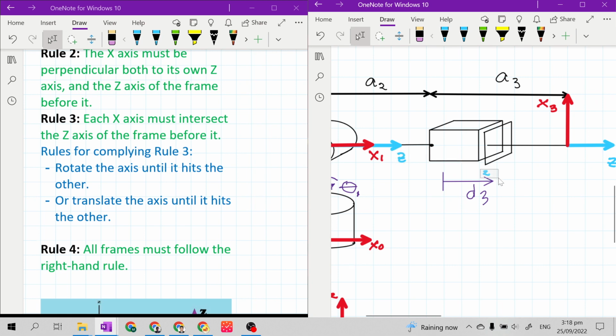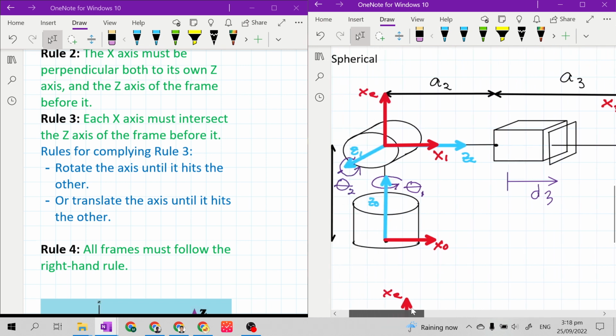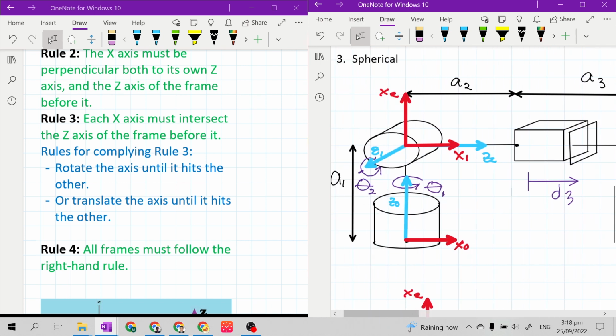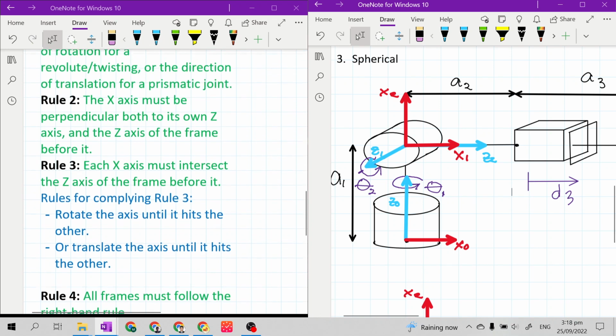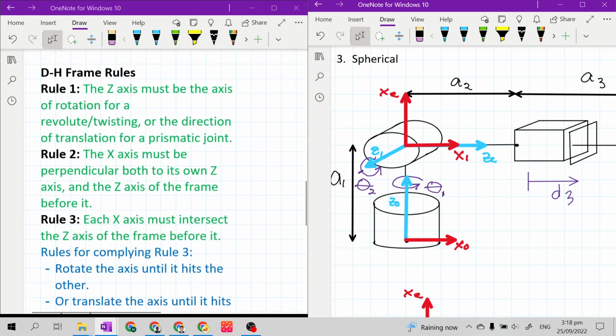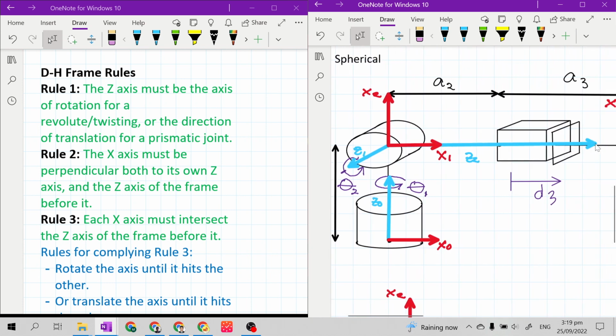Okay. So again, if you move an axis or you move the frame, you must go back to the first two rules and see if it still complies with them. So Z sub 2 is still at the direction of translation of the prismatic joint.